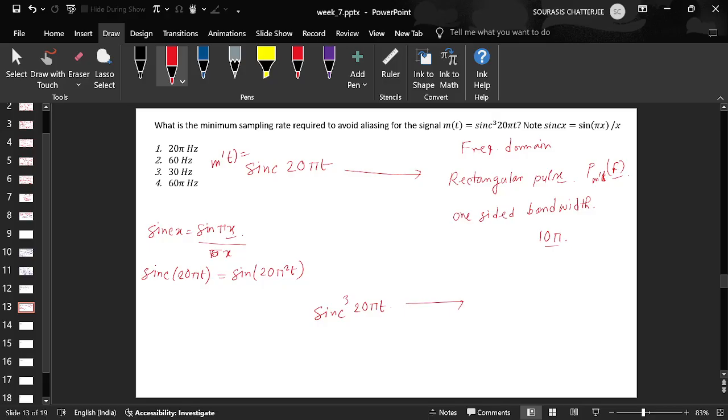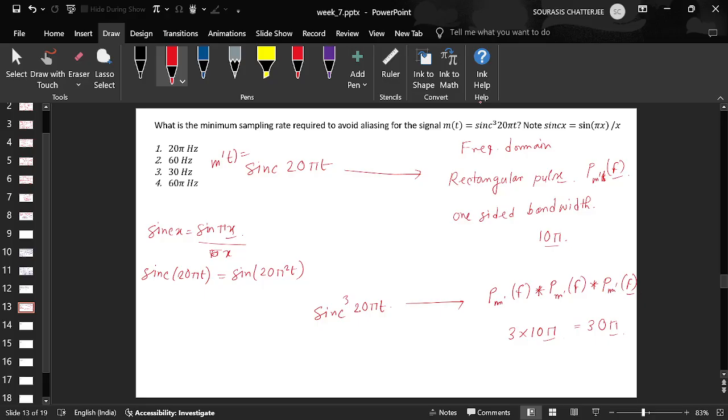The frequency domain representation is of course going to be the convolution with itself 3 times. We are not really worried about the shape, but what we are worried about is actually the bandwidth. Now the bandwidth will become 3 times the original one, 30 pi.